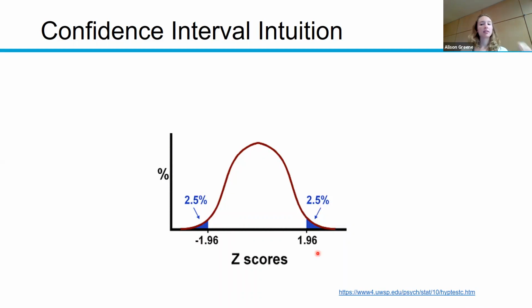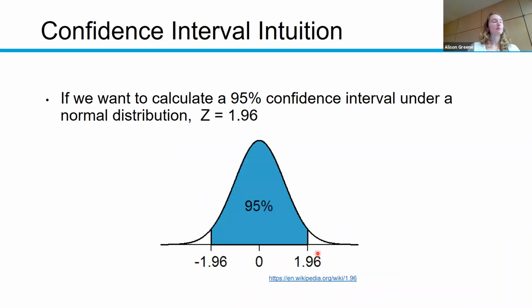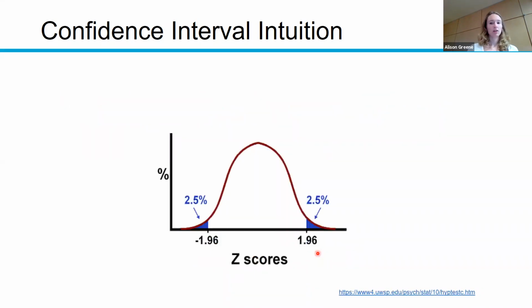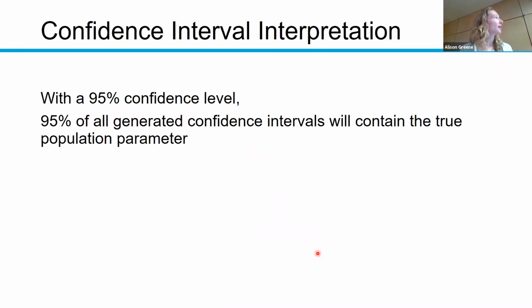So what we're doing when we calculate a confidence interval is we're using this idea, but we're applying the sample mean that we calculated and the sample variability, so the standard error, to this distribution to get the bounds from that data that do capture this 95%. And then when we do that, with 95% confidence, 95% of all generated confidence intervals will contain the true population parameter. So what does that mean?